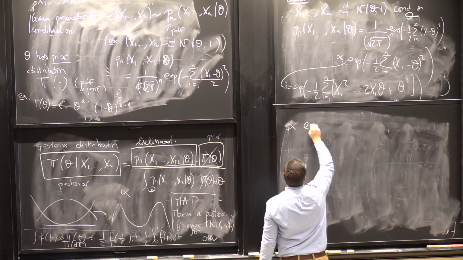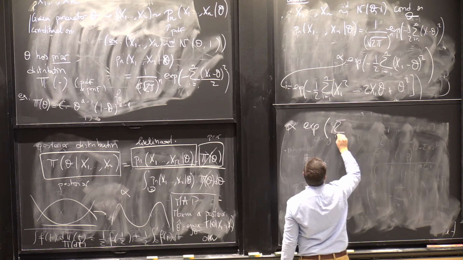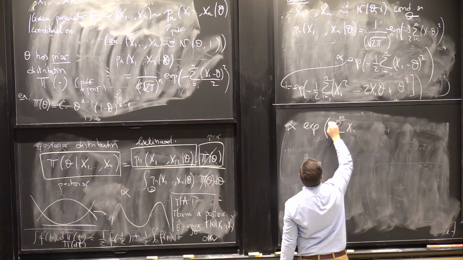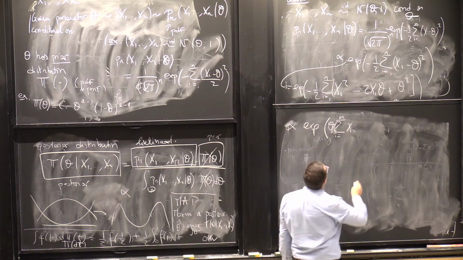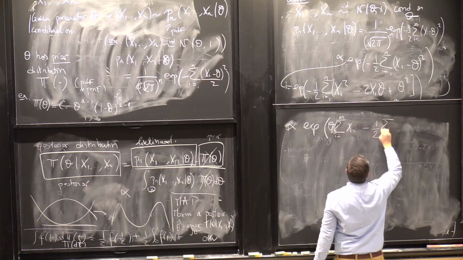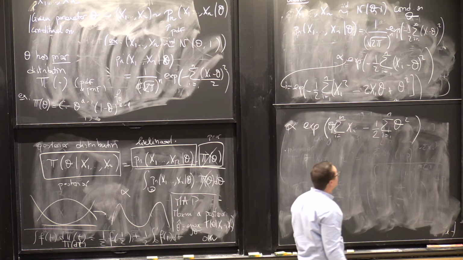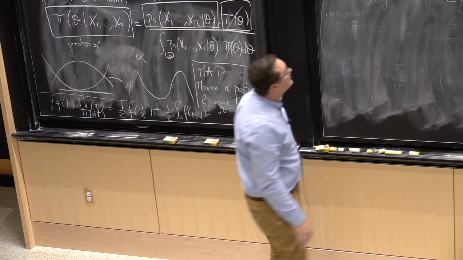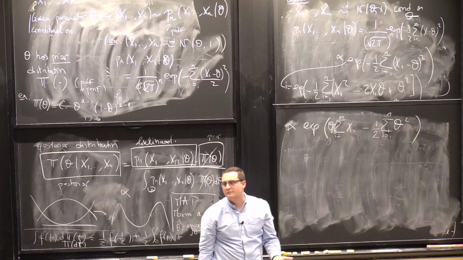So this is proportional to exponential of the sum of the xi times theta, where the minus 1/2 cancels with the minus 2, and then minus 1/2 sum from i equal 1 to n of theta squared, right? Agreed? So now this looks very much like some theta minus something squared.